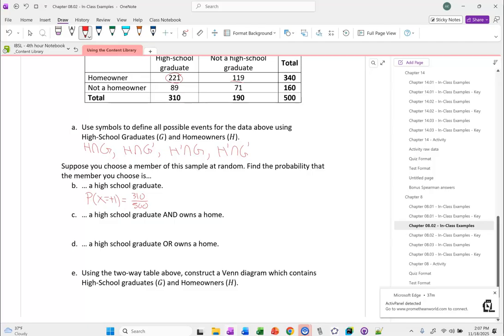High school graduate and owns a home. Is a high school graduate or owns a home.